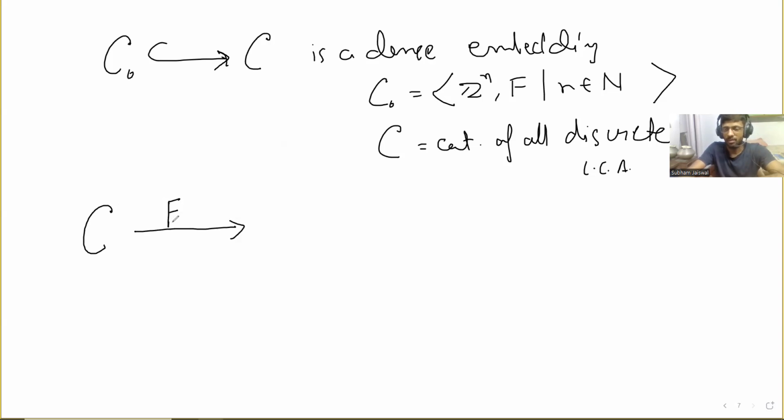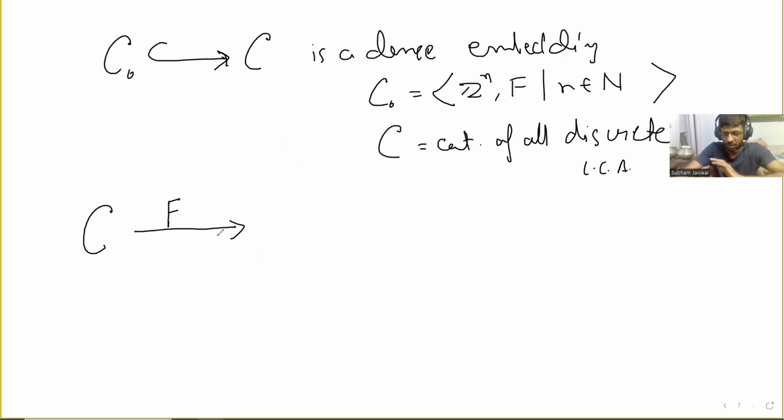Let's call it F. Basically, we just want to say that a discrete group can be written as a direct limit of elementary discrete groups. We want to say it more categorically in terms of functors. That's all that is going on, and then I'll just call that thing dense. And then we will use it, because once you call it in a certain way, you can use some other theorem. Otherwise, you don't know how to code some other theorem in this case. So that is one of the issues.